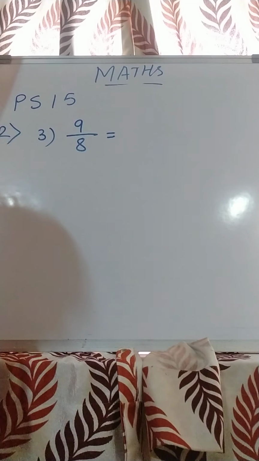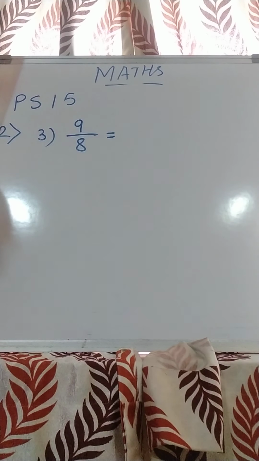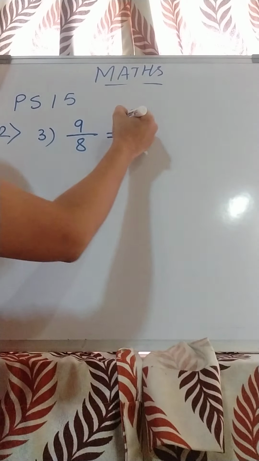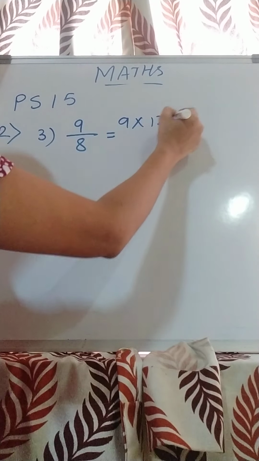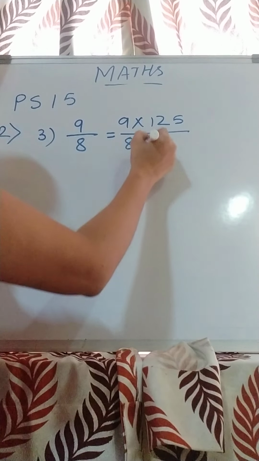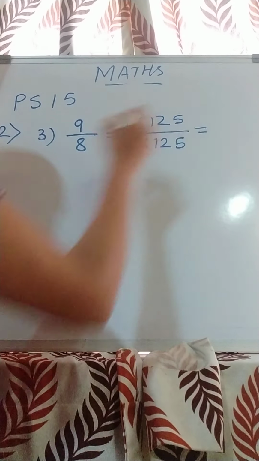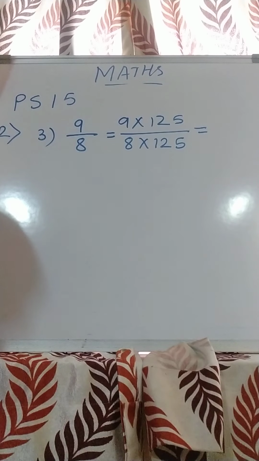When I multiply 8 with 125, I get the answer 1000. So, if you observe it properly, the same numbers come in the denominator which can be converted into a tens multiple.